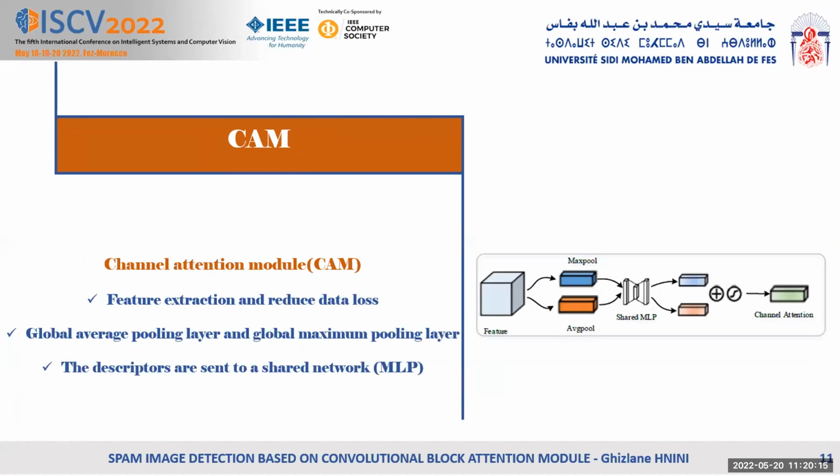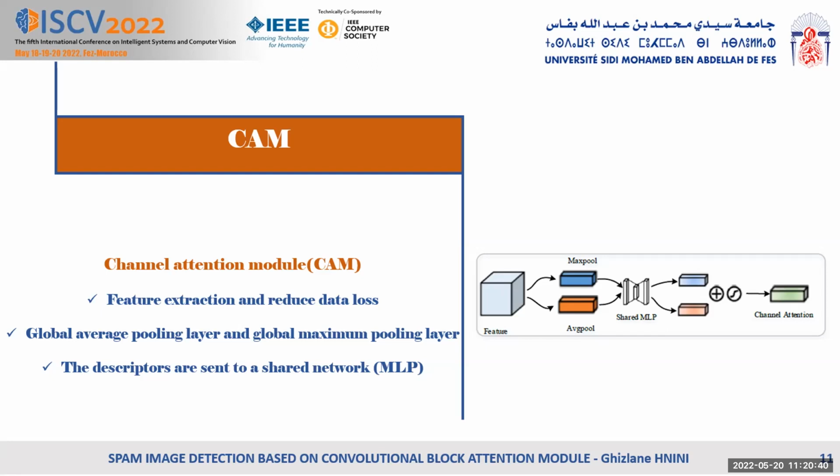To accomplish feature extraction and reduce data loss, the channel attention model compresses the feature maps on the spatial dimension using the global average pooling layer and the global maximum pooling layer. The global average pooling layer obtains the overall information, while the global maximum pooling layer obtains the feature variance information.